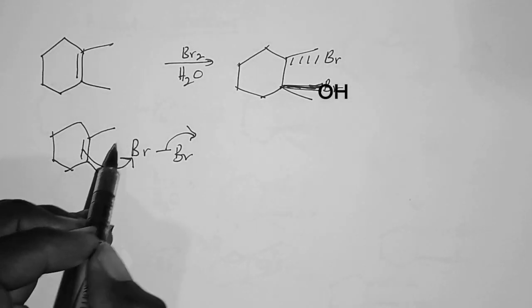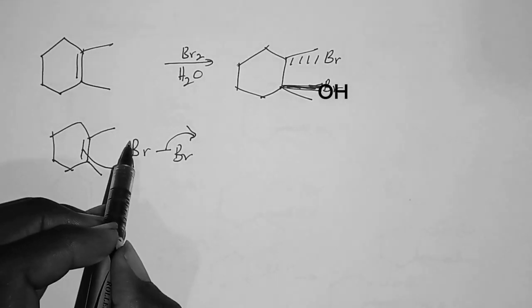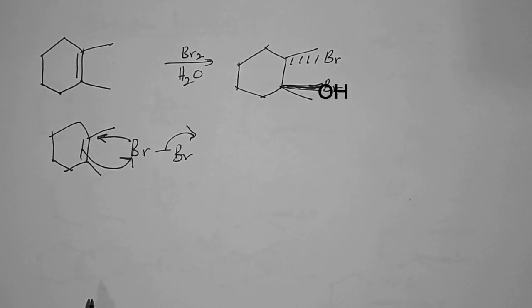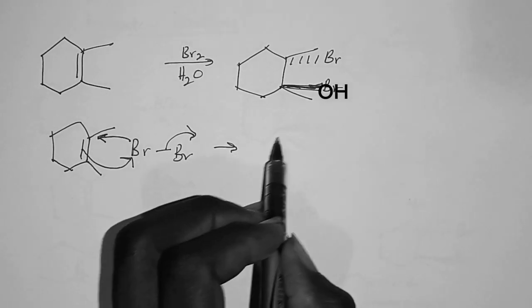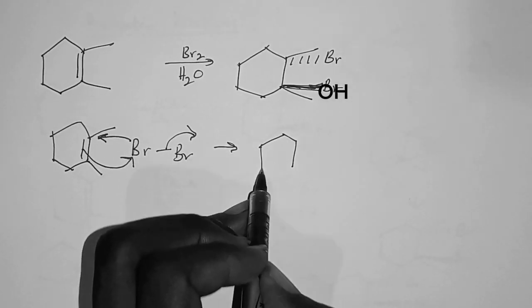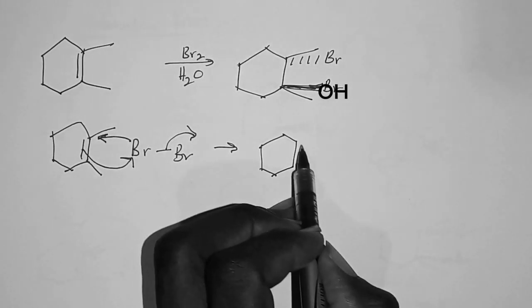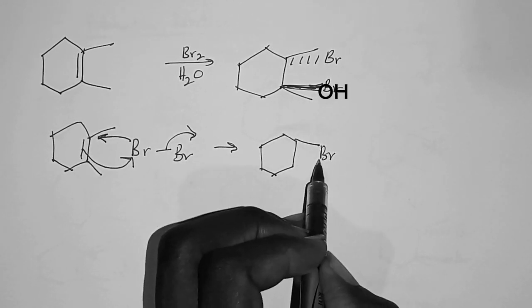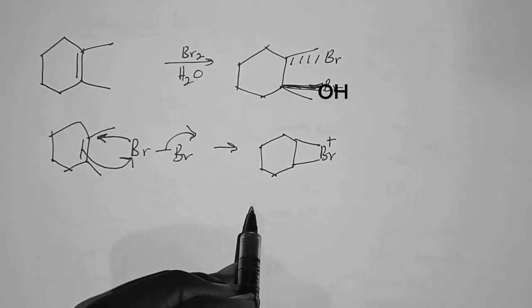And because bromine has 3 lone pairs, it will use one of its lone pairs to attack the other carbon, and that will lead us into the cyclic bromonium intermediate, which is this molecule.